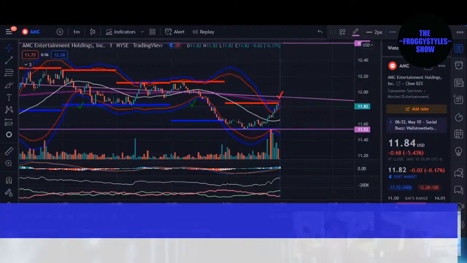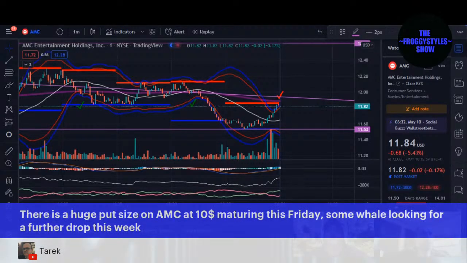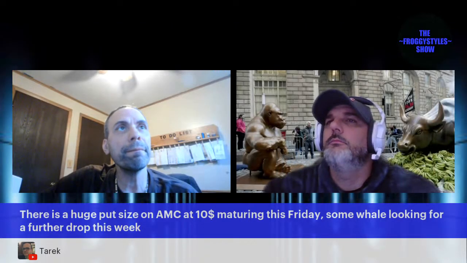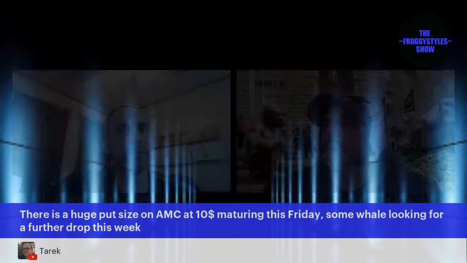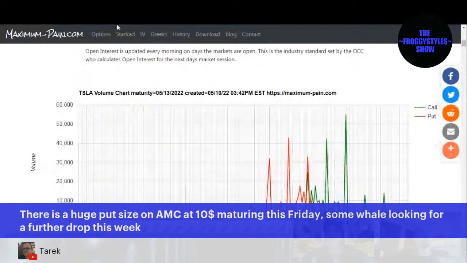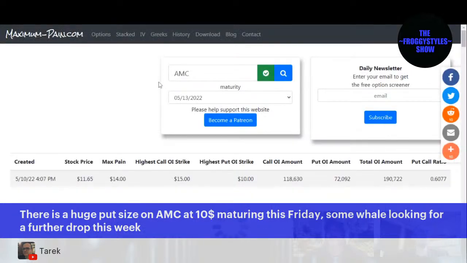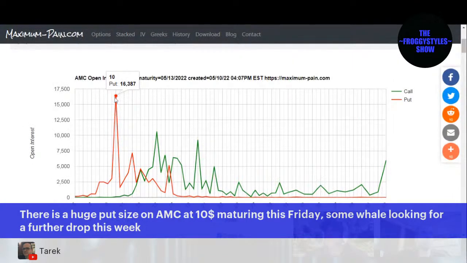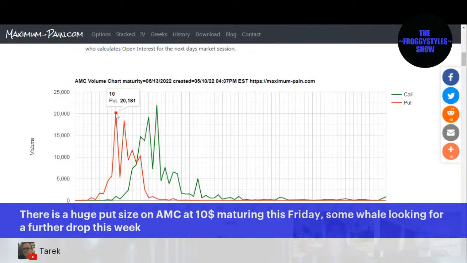Tarek says there is a huge put size on AMC at 10 maturing this Friday. When there's a huge stack of puts, and I'll pull it up here so you can see it too. Big stack of puts right there, and at 11.